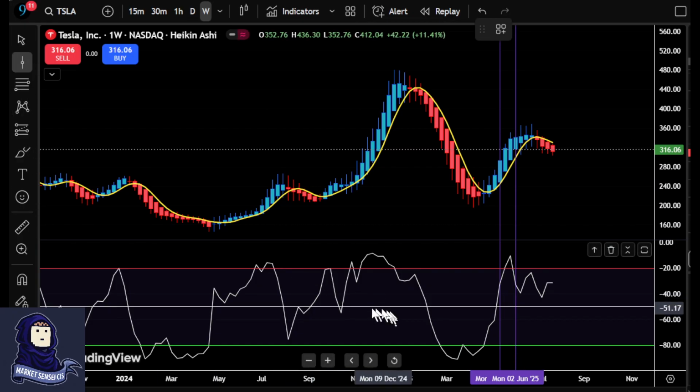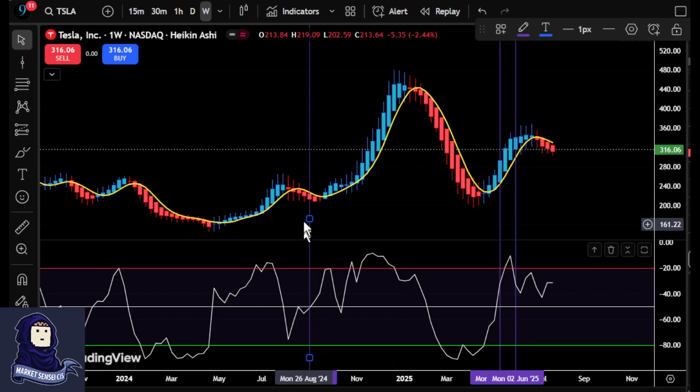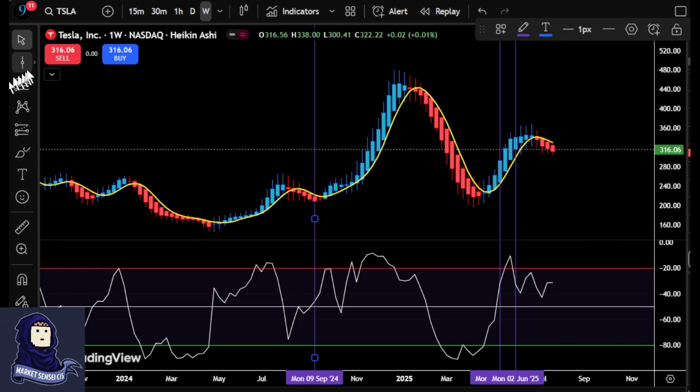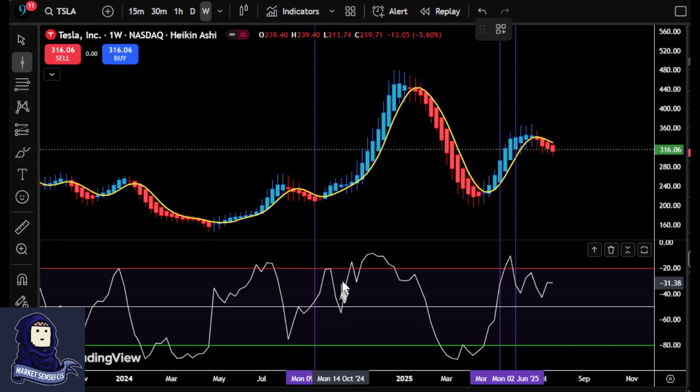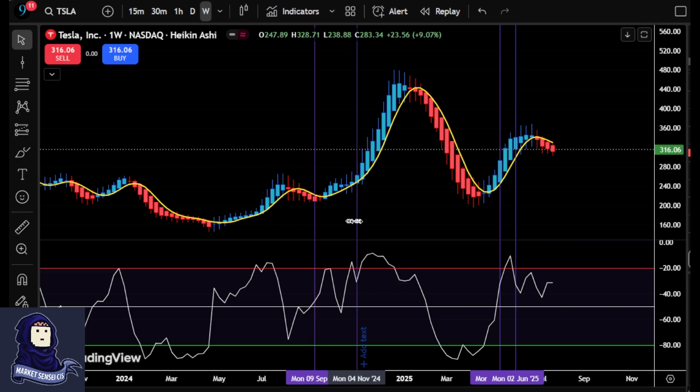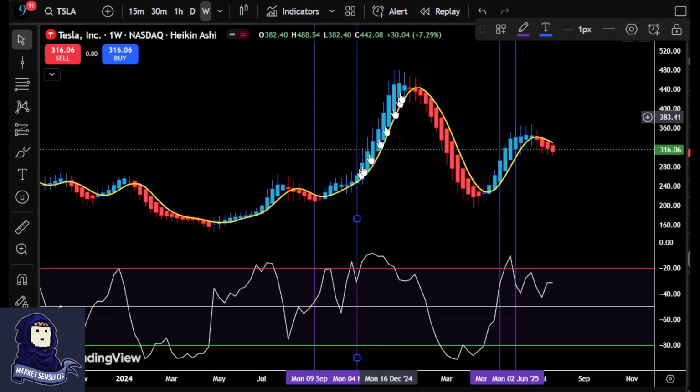But if you check this out, you actually enter here when it breaks above this one. See this one? And then when it goes above here, you can see here. But if you exit here, you will have missed this zone out.